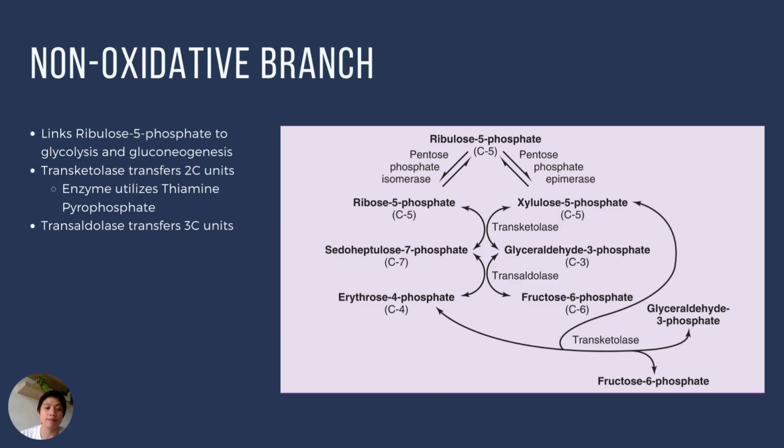So, here in the non-oxidative branch, you have interconversion of sugars so that these sugars can eventually enter glycolysis. Okay? And again, we have two important enzymes, transketolase, catalyzing 2 carbon unit transfers, and transaldolase, catalyzing 3 carbon unit transfers.